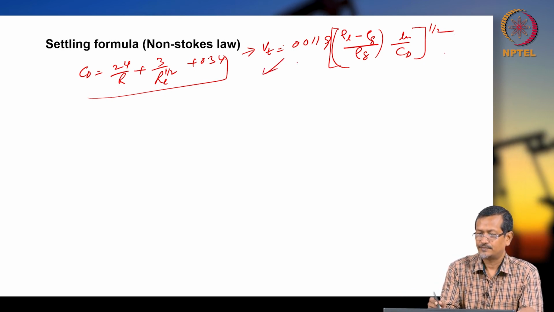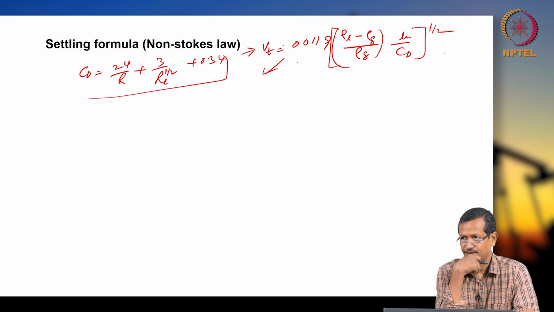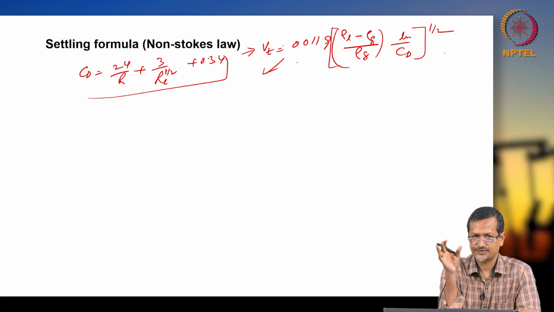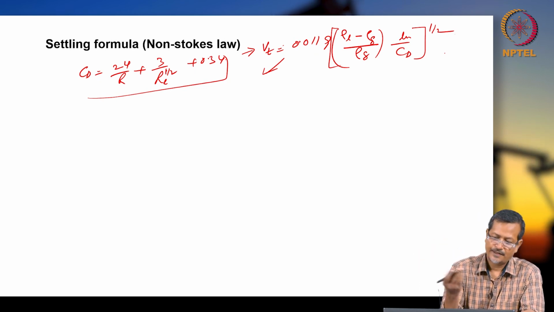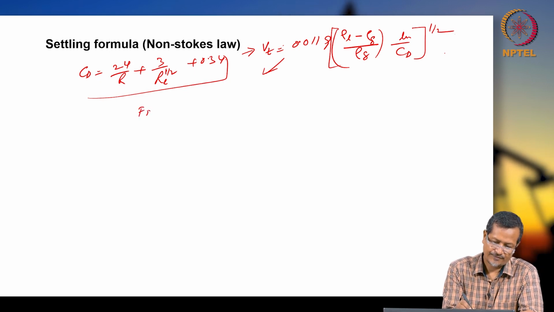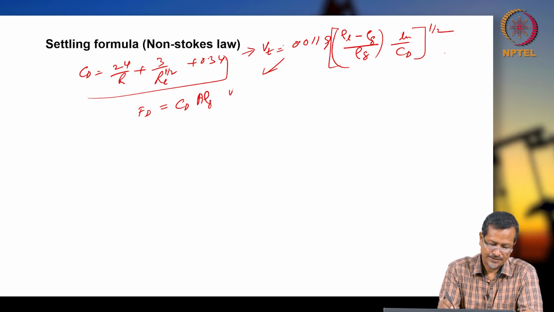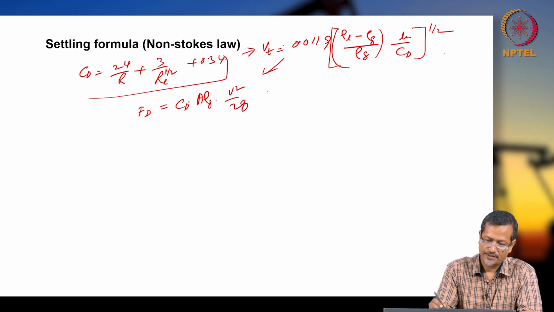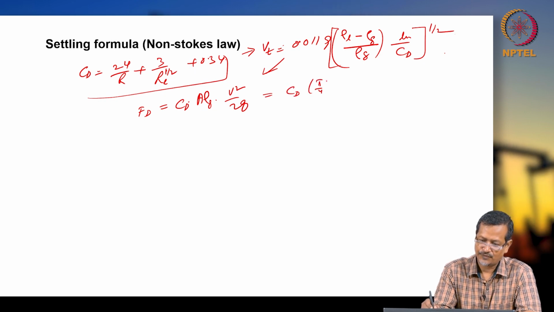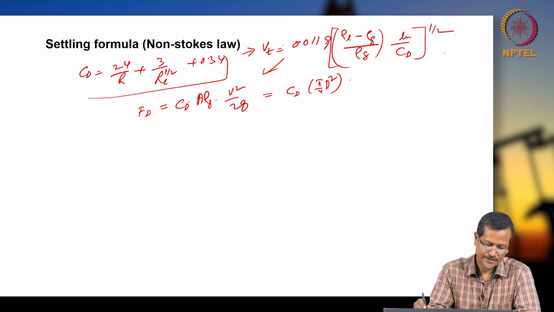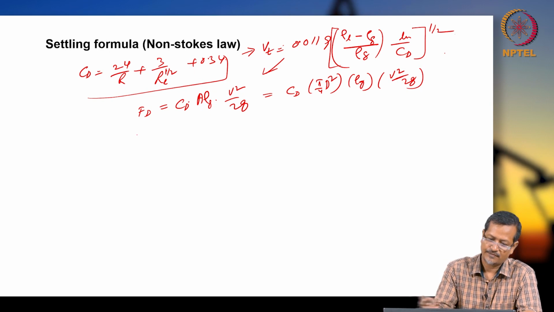So how to get this one? Because remembering this equation will sometimes be difficult, as there are some constants, and those constants are sometimes very confusing because of the field units. Now how to derive it? Fd, drag force, equals CD A rho G V square by 2G. Okay, you have learned this one. So CD pi by 4 d square, d the particle diameter, rho G V square by 2G, V the particle velocity.